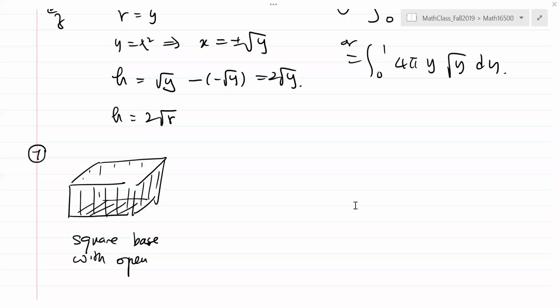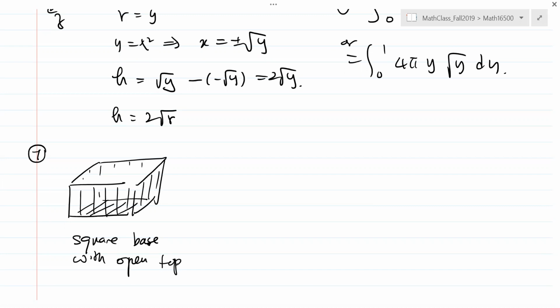What is the question? This one has a volume of 32 cubic units. Find the dimensions that will minimize the surface area, including the bottom part.